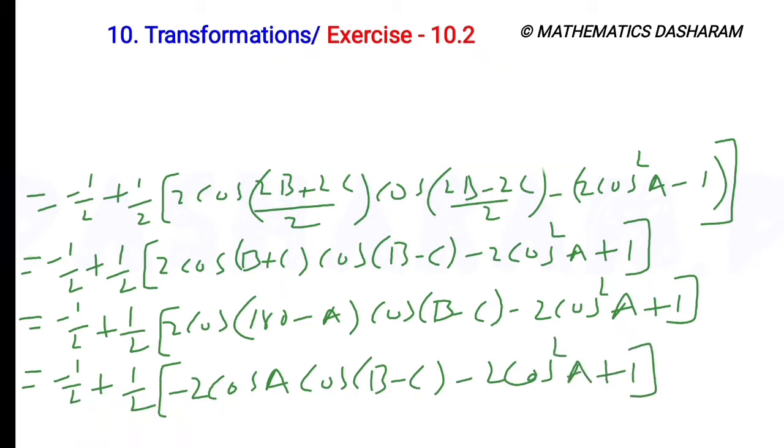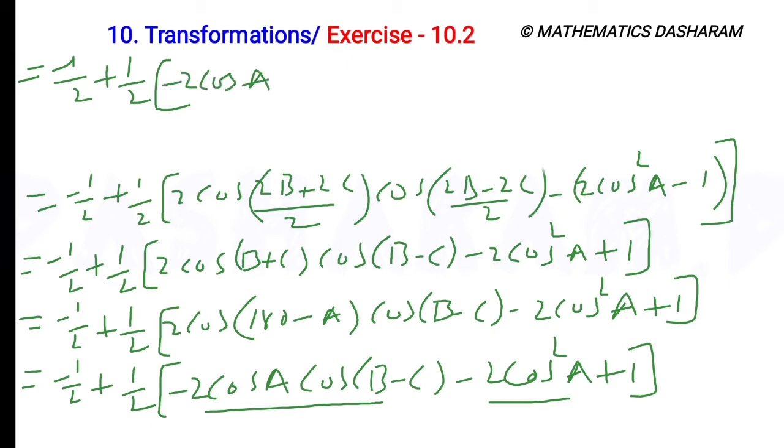So from these two terms we can take, see, minus 1 by 2 plus 1 by 2. Here minus 2 cos A is common, so here take the bracket, cos (B minus C), and here it will become plus cos A, bracket close, plus 1.